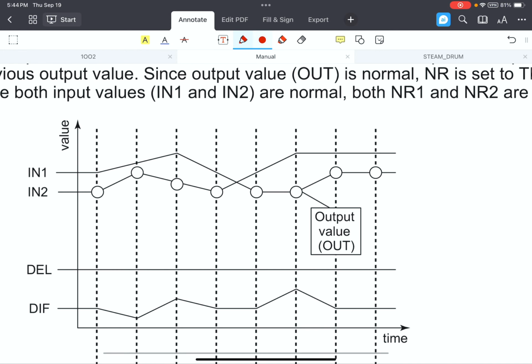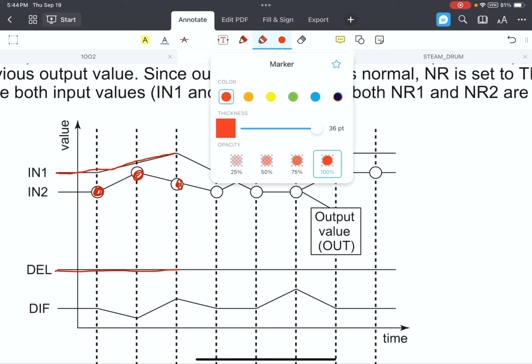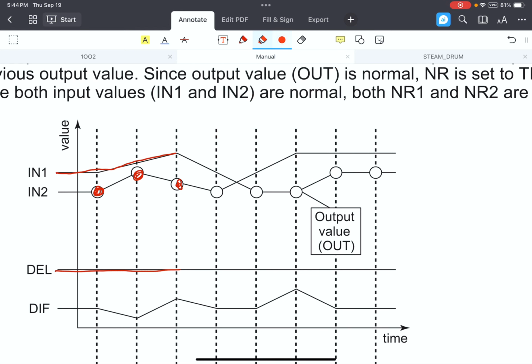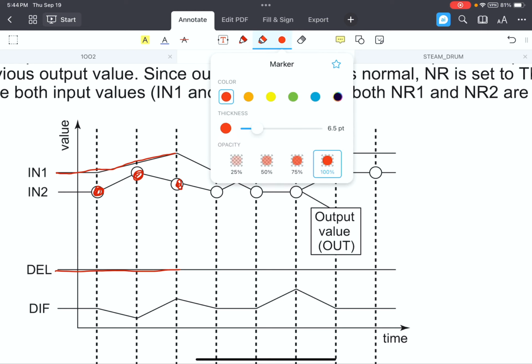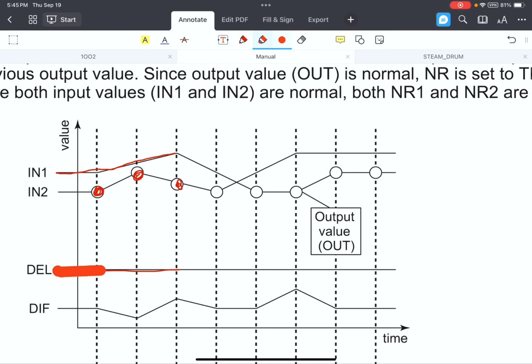Input 1 is more than input 2 here, and input 2 is reported as output. You can see here the difference between these two variables. The difference is within the range, within the permitted range. So it's okay.